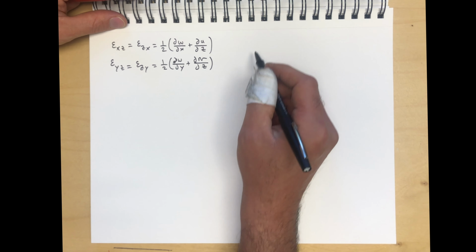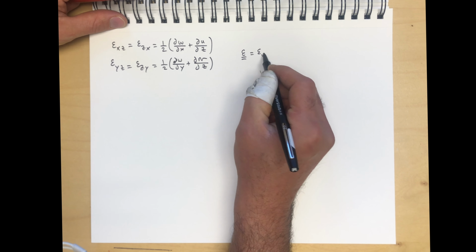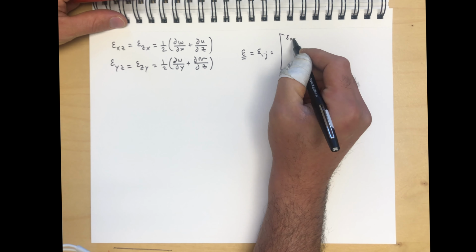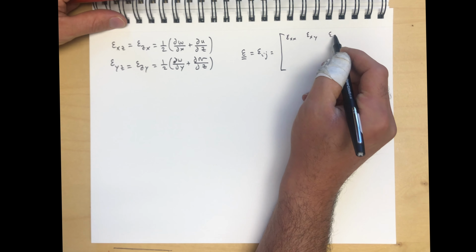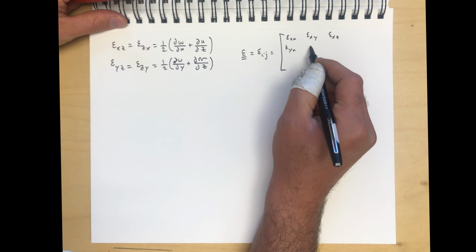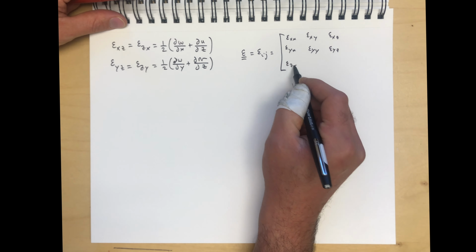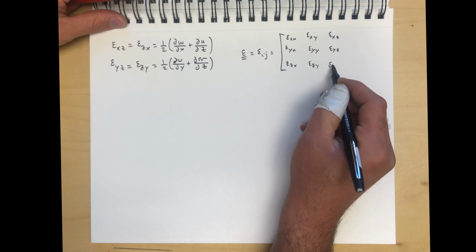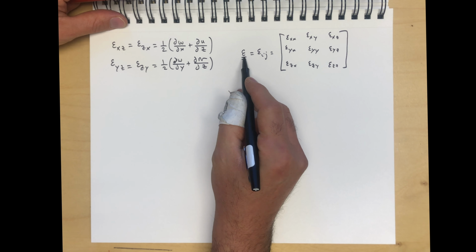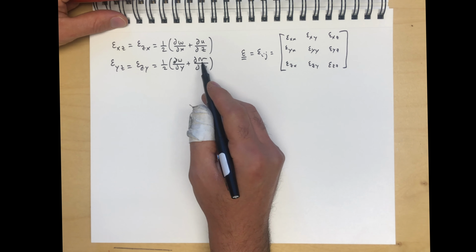And when you put all these components together, you get the rate of strain tensor, and put it here in the matrix: epsilon xx, epsilon xy, epsilon xz, epsilon yx, epsilon yy, epsilon yz, epsilon zx, epsilon zy, epsilon zz. So now we related the strain tensor to the velocity field.